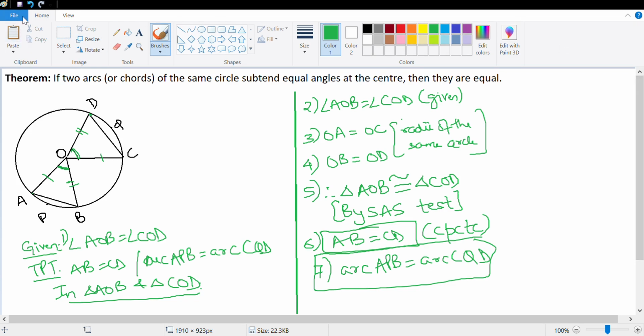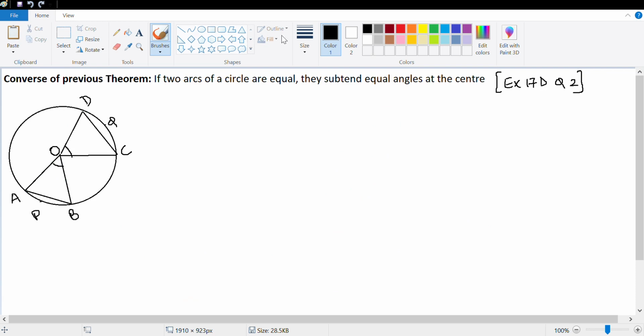There's another proof which is the reverse of this. So let's look at that. This is the converse of the previous theorem that we just did. If two arcs of a circle are equal, which means what is given now is AB is equal to CD, what do we have to prove?